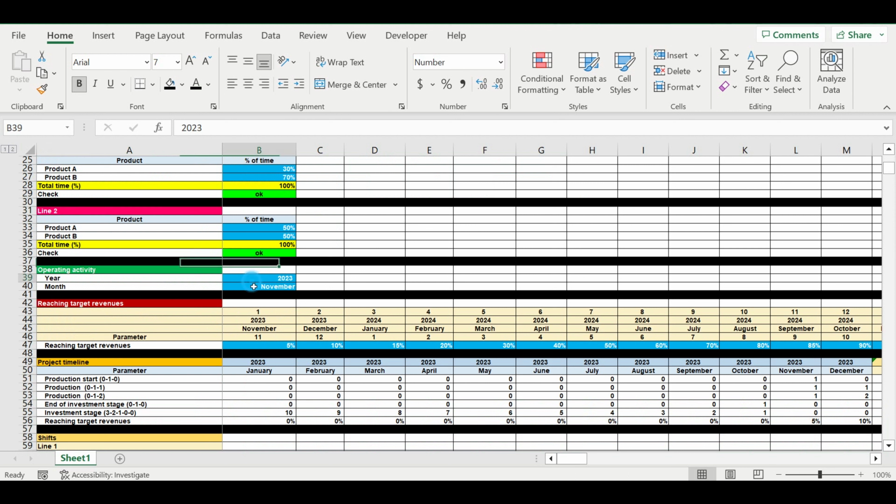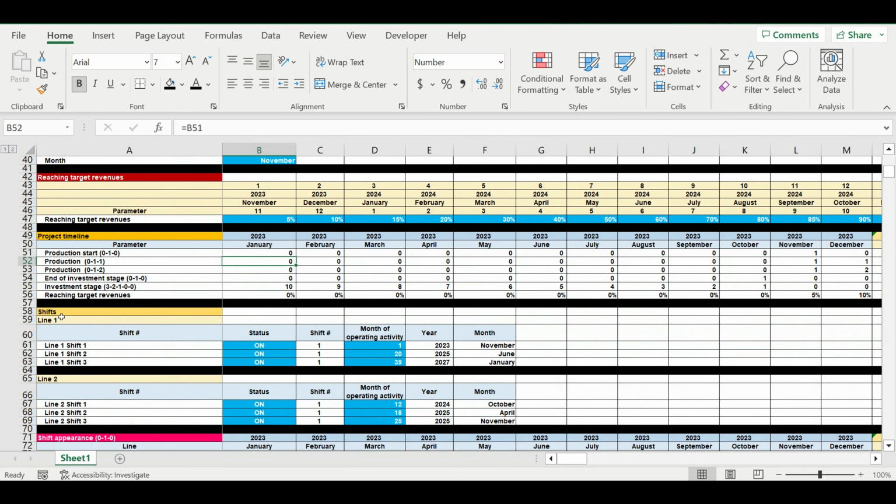Then we specify when we start operating activity. Then we created the block of inputs where we were modeling how fast we reach the target revenues from the moment when we start operating activity.